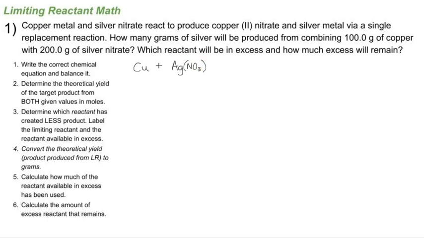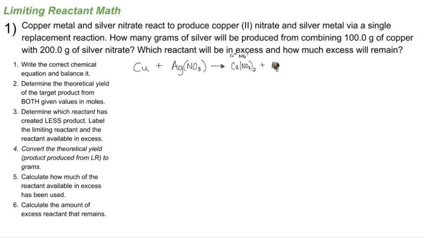Ag is +1 and NO3 is -1. Reacts to produce, so I'll put my arrow, copper 2 nitrate. Since nitrate is -1, my formula would be Cu(NO3)2, and silver metal, so that would just be Ag.